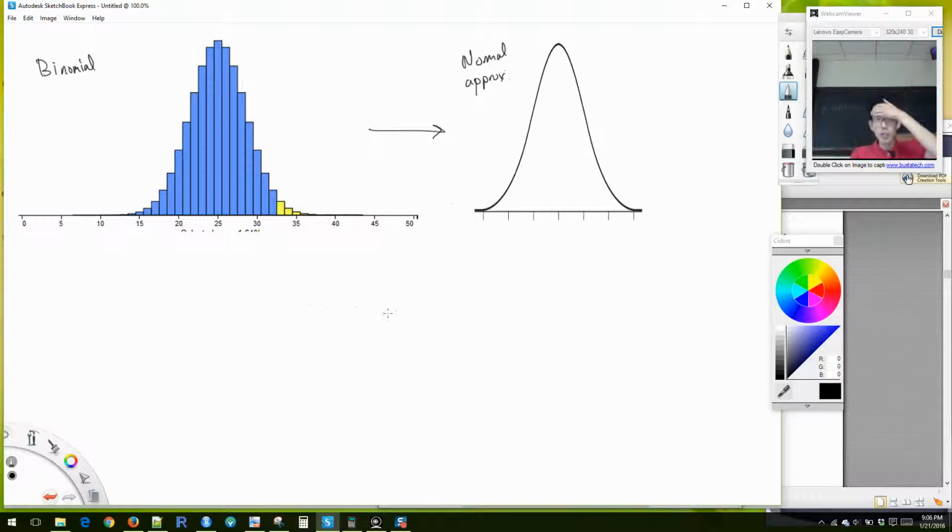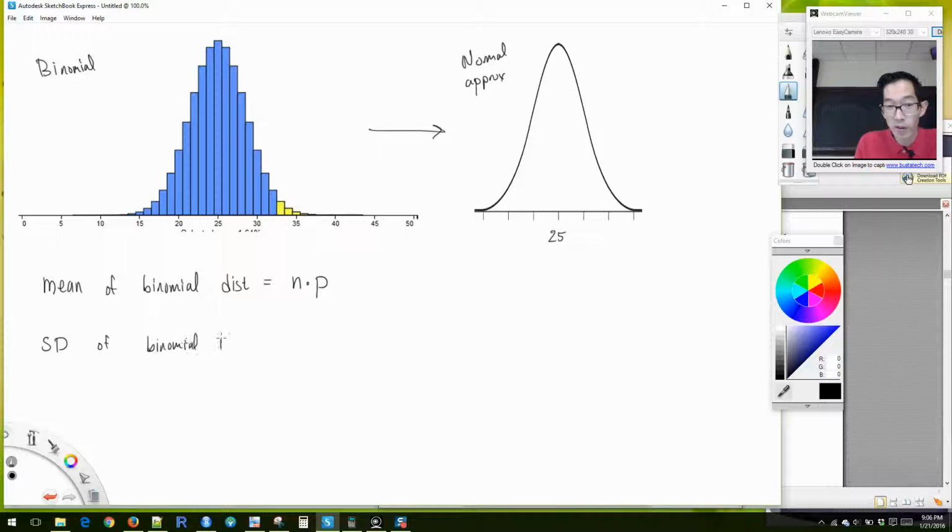Okay, so what I need is to know where's the middle. Where's the middle of our binomial distribution? That's going to be the middle of our normal approximation. It's at 25, right? I can see it on this diagram, but if we didn't have the diagram, we do know that the mean of a binomial distribution is n times p. And do we remember what the standard deviation of a binomial distribution is?